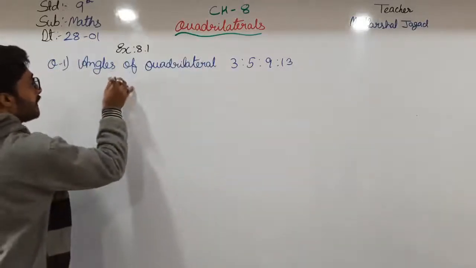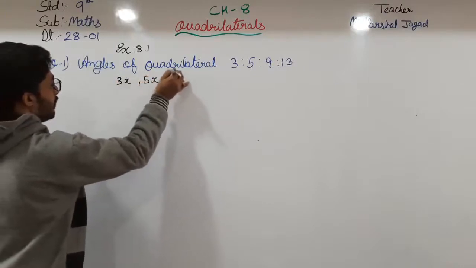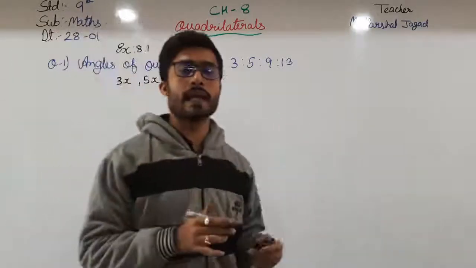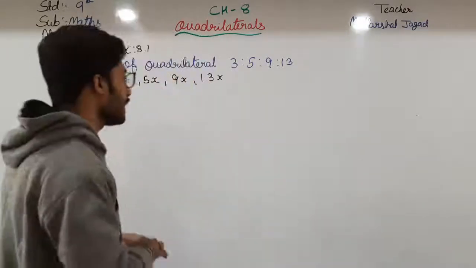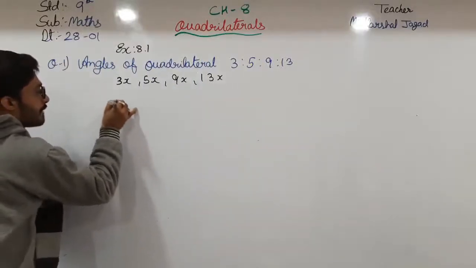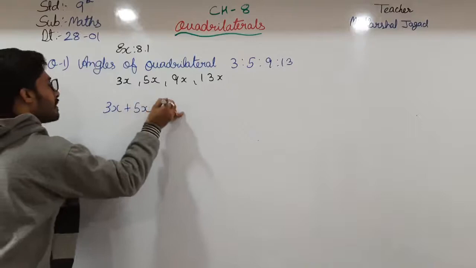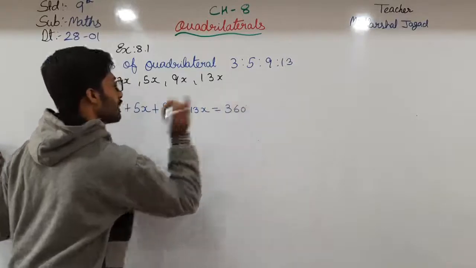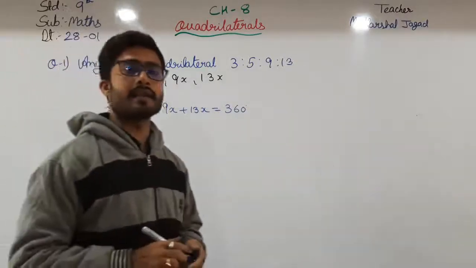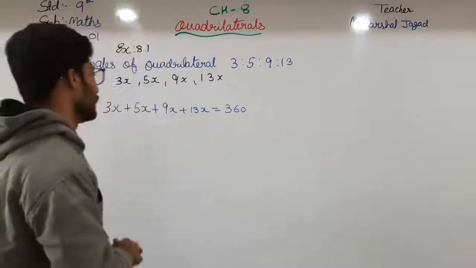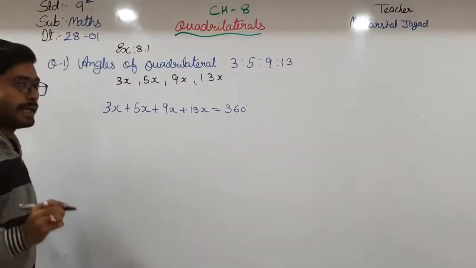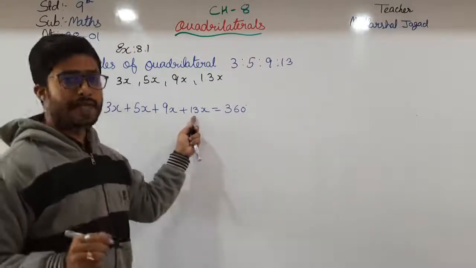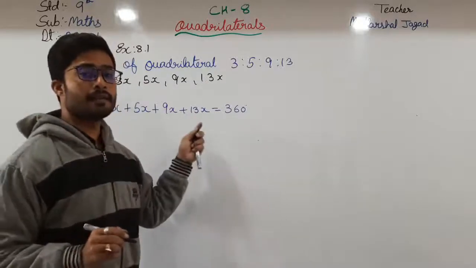If I take 3x, 5x, 9x and 13x, the sum of these four angles is 360 degrees. So 3x plus 5x plus 9x plus 13x equals 360 degrees. Students, 5 plus 3 is 8, 8 plus 9 is 17, 17 plus 13 is 30.